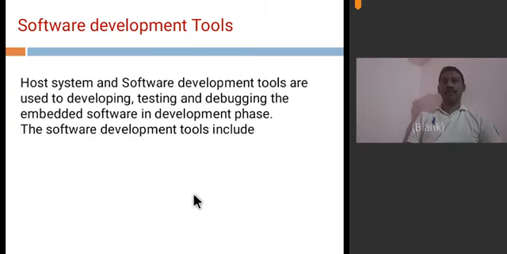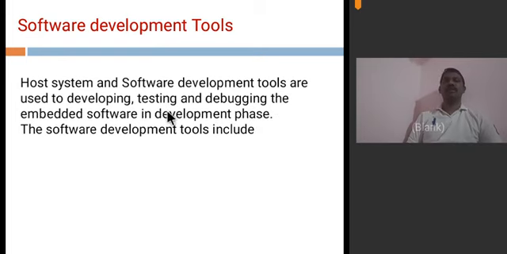And coming to the software development tools. What are the software development tools we are having for writing the code, debugging the code? Look here. Host system and software development tools are used for developing, testing, and debugging the embedded software in development phase.